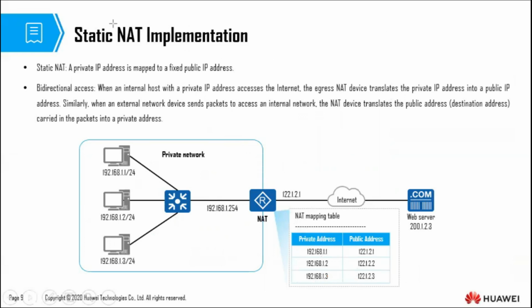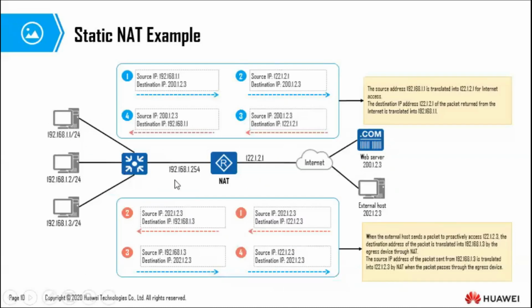So that is how an external host will be able to access the internal host. So that is what is happening here. This guy wants to talk to this guy. The destination IP address will be this one. It gets to the NATing device.